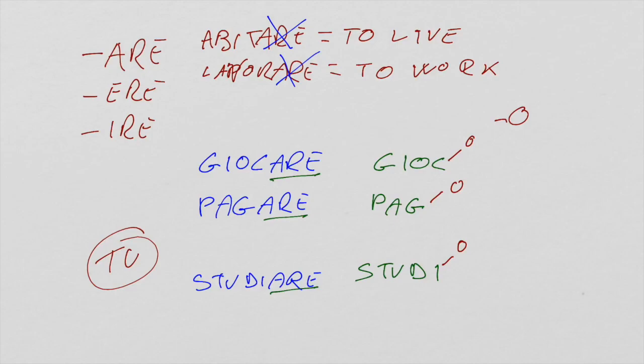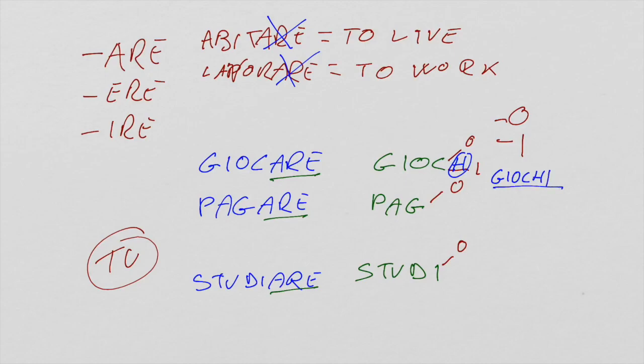If I just simply add an i, because you know that the ending for the tu form is i, it will sound tu gioci, because C and I in Italian is "chi". You can go back to the pronunciation section to see that. So in order to keep the hard sound of the C, k, they add an h in between. So it will be tu giochi.